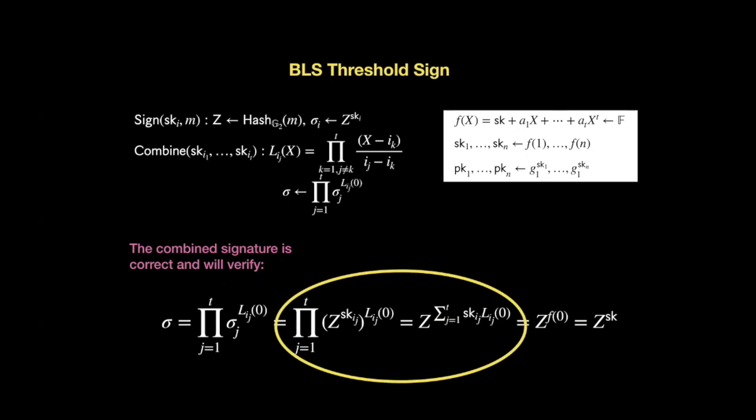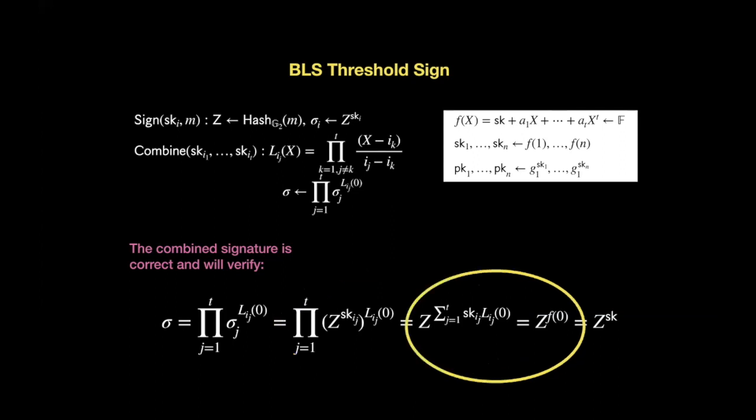Now we have a group operation happening in the group. We switch over to what's happening in the exponent. So when we multiply all of our group elements, instead we now add all of the field elements in the exponent. So that product becomes a sum. Then we see that the summation that we have in the exponent is exactly equal to f of 0 due to how we have defined the Lagrange polynomials.